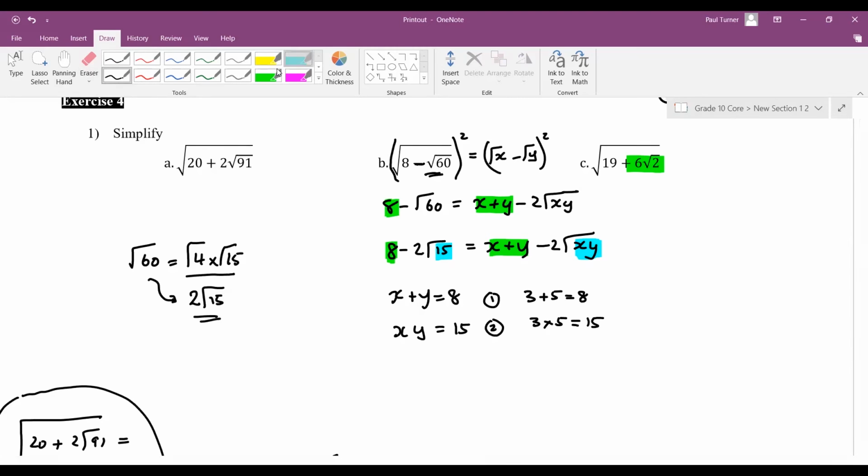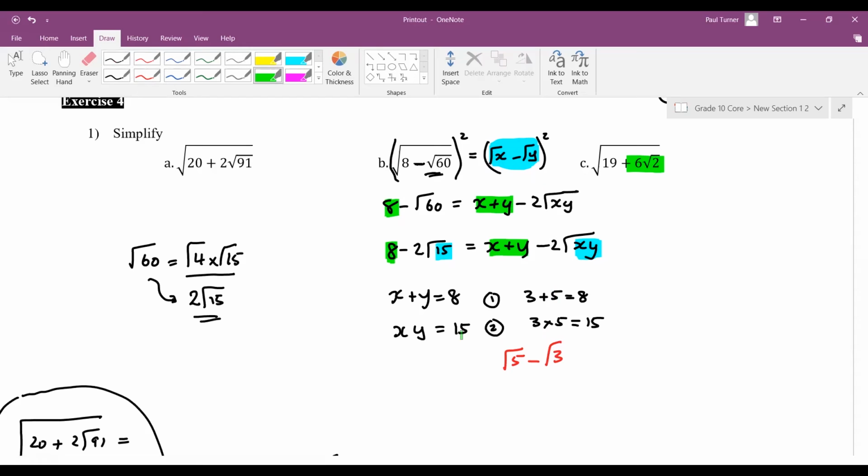And when we consider back up here, you've got root x minus root y, and this number needs to be positive. So the first number will be x, which is 5. So you must have root 5 minus root 3 as the two parts for your answer.